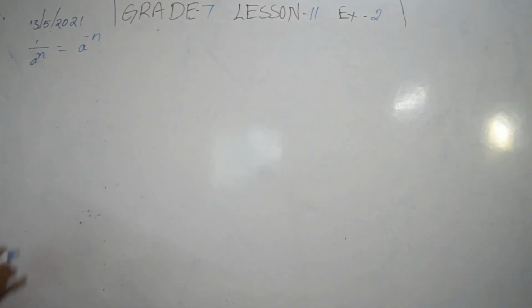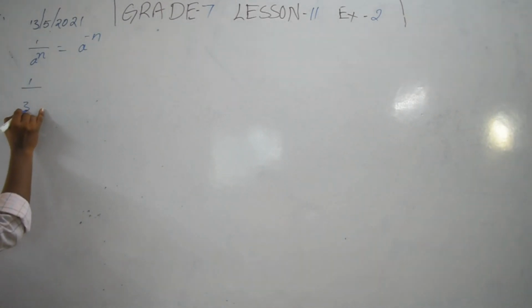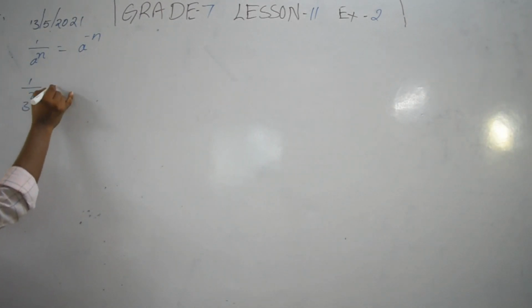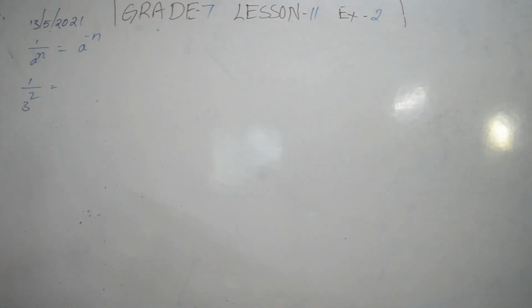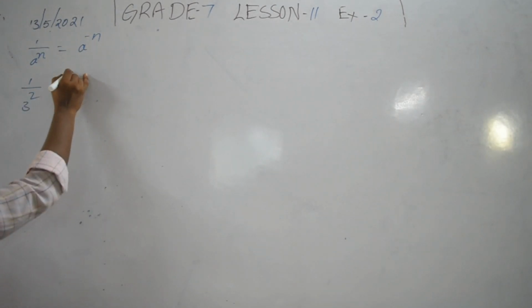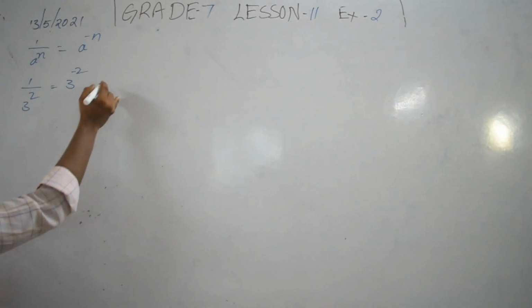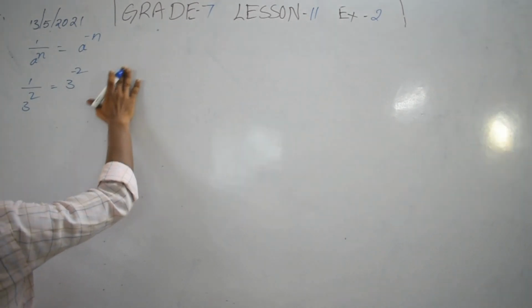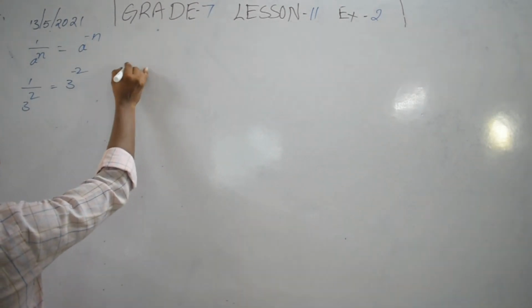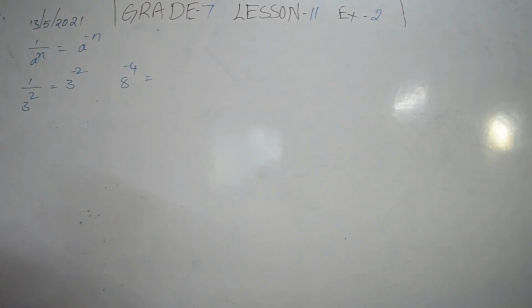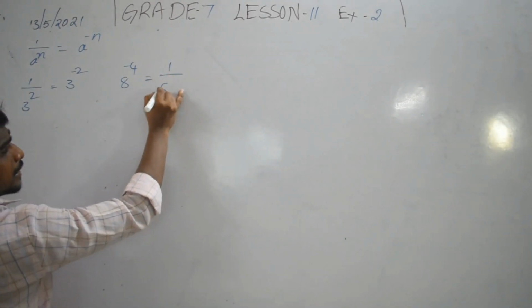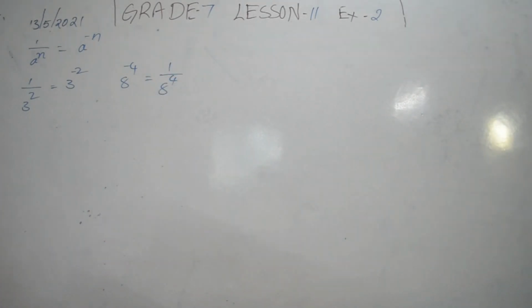Here 1 by 3 square, how to write this? 3 power minus 2. Or 8 power minus 4, how to write? As it is given, we convert it to 1 by 8 power 4. That is one law, just using the formulas.